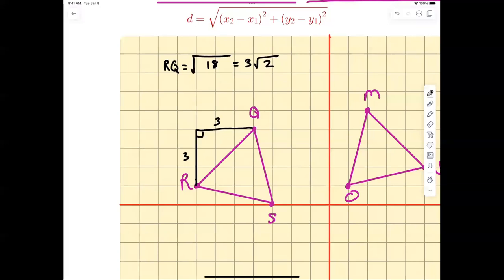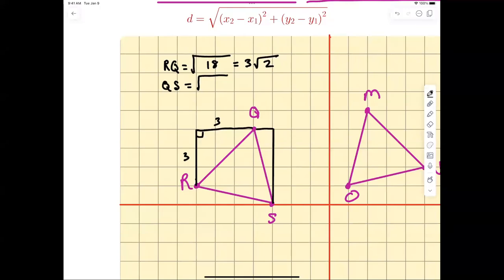All right, so now we're going to check out QS. Everybody can look at that and say, all right, QS. We're drawing it out here and here. What is that? Somebody said radical 17. Can anybody else see that's radical 17?